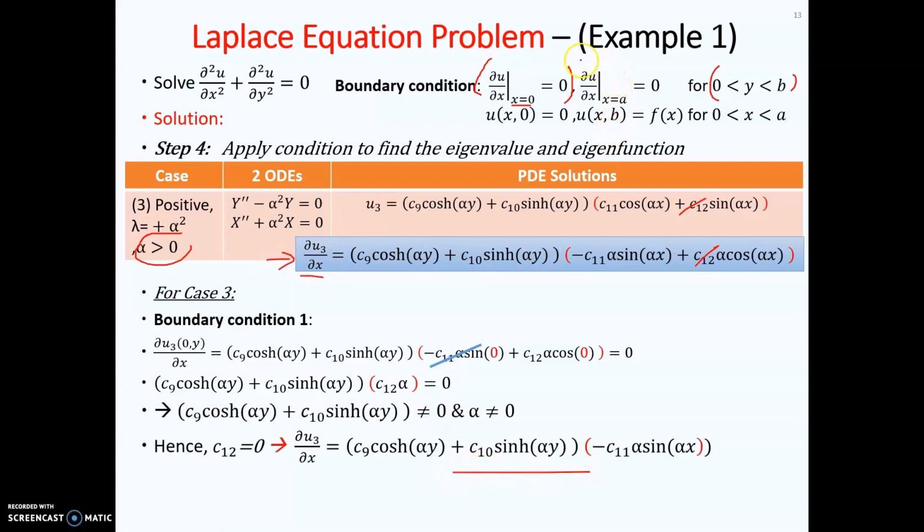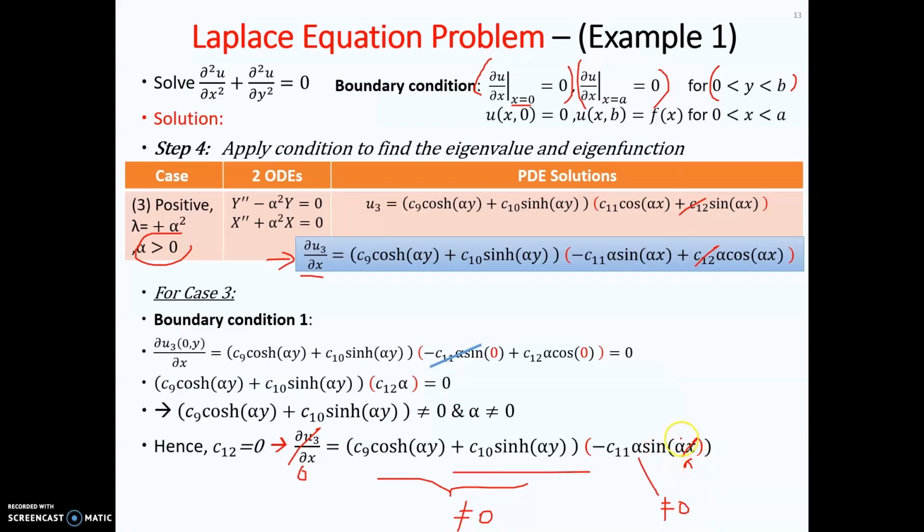Let's substitute the second boundary condition. Substitute x equal to a inside. Then you obtain the derivative equal to 0. So from here you can see the hyperbolic cos and hyperbolic sin here cannot be equal to 0. And the alpha here cannot be equal to 0.